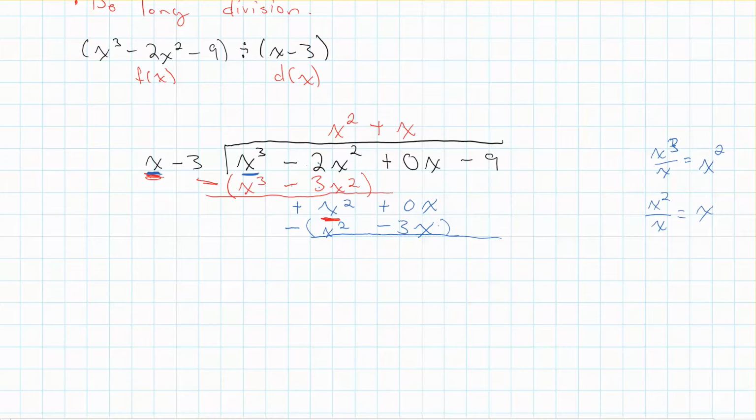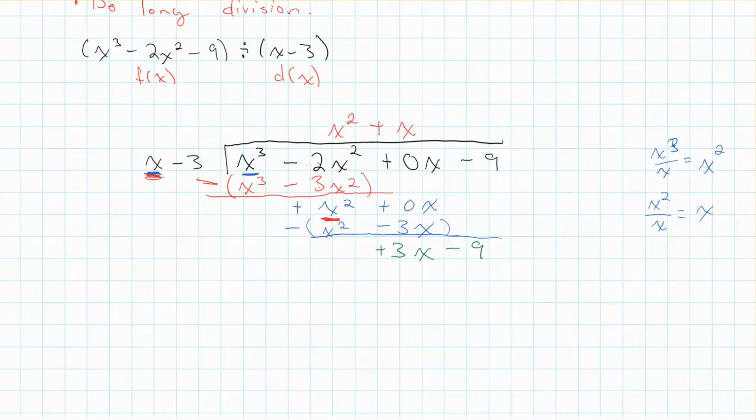And let's go ahead and switch up another color here. So x squared minus x squared, again that's 0. These terms should always start canceling out for us. Then I have 0 minus negative 3. So that would be positive 3. So I'll emphasize positive 3x. Then bring down the next term, which is minus 9.